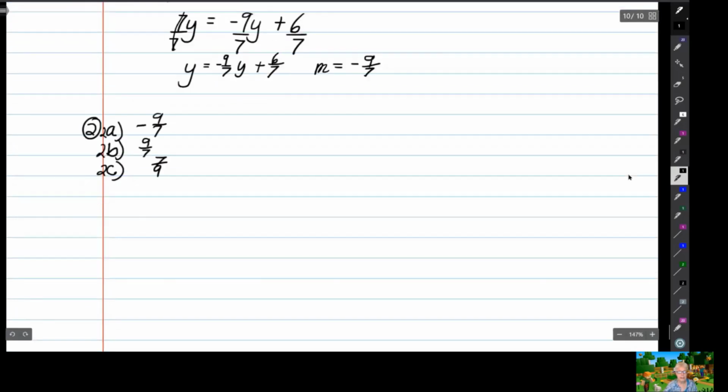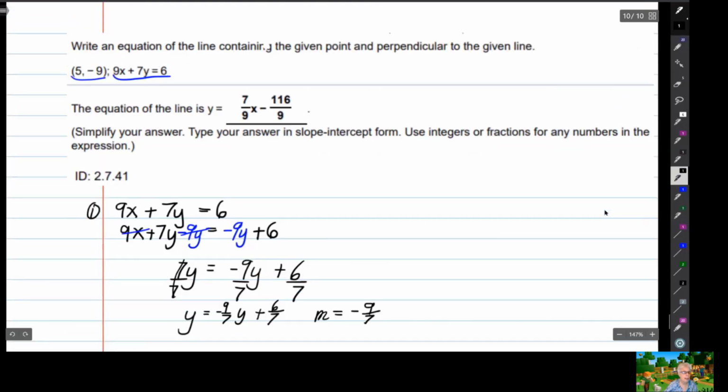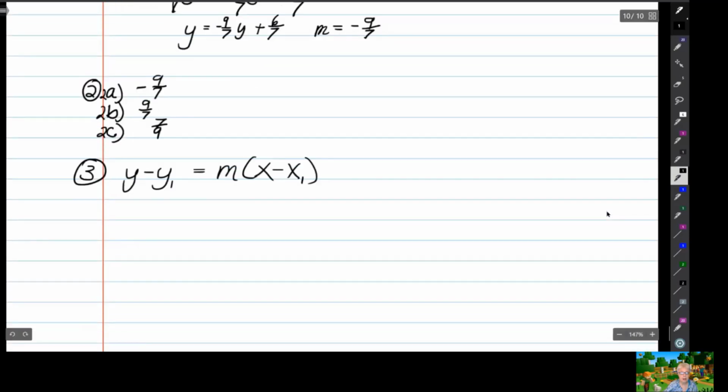Then in step 3, I use y minus y1 equals m times x minus x1. Now let's see what these are. y1 is negative 9, x1 is 5.